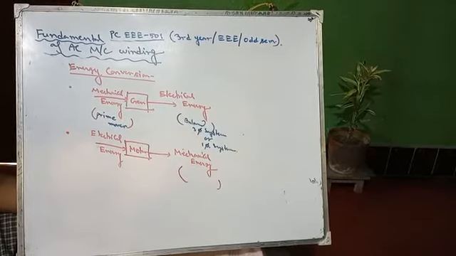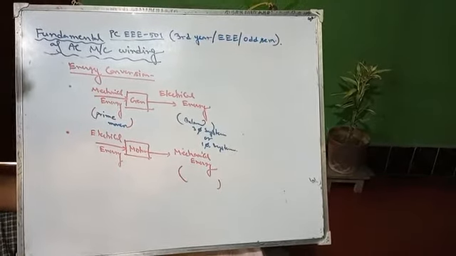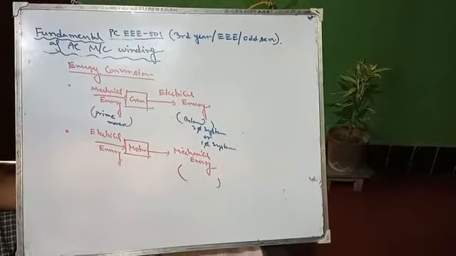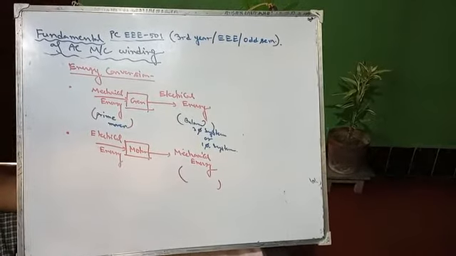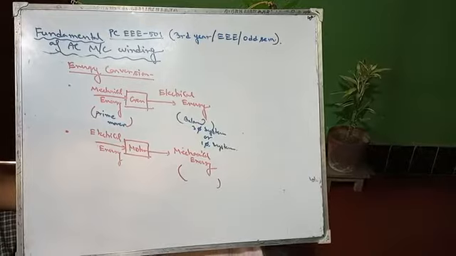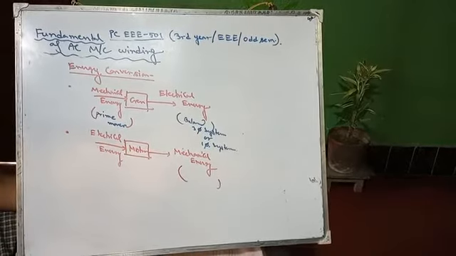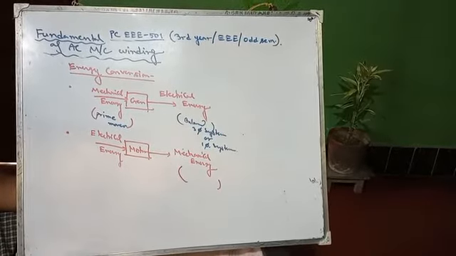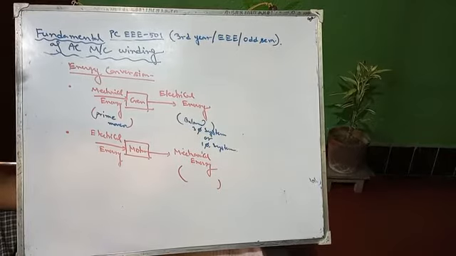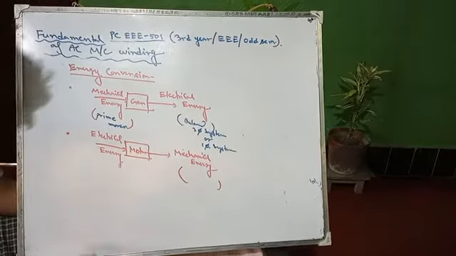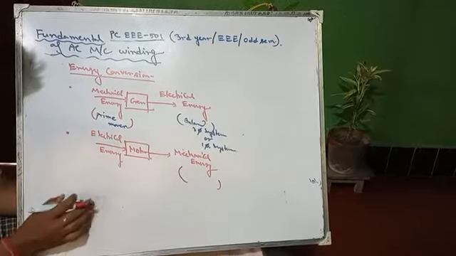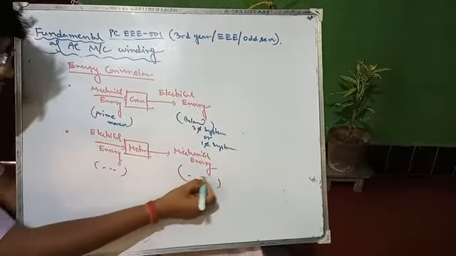Or in the case of a submersible pump, there is a suction. In the case of a draft fan, there is suction as well as compression. Okay, so these types of motors are there.